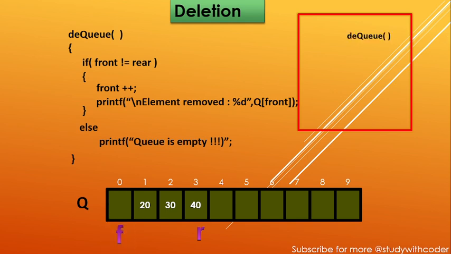DQ will delete the front element, then front plus plus. When we call the DQ function 4 times, all the elements are removed, and the 5th time the DQ function is called, it will say the Q is empty.